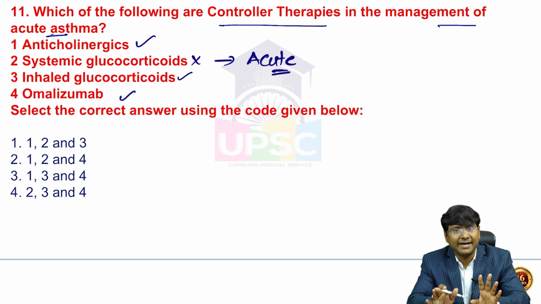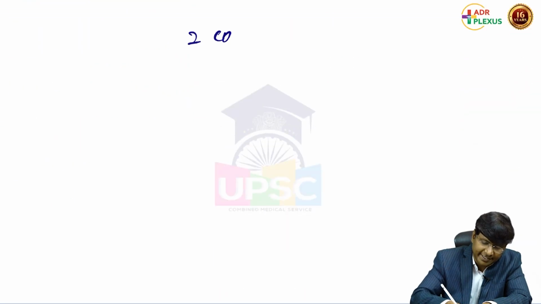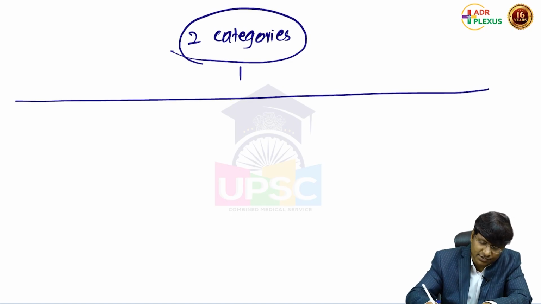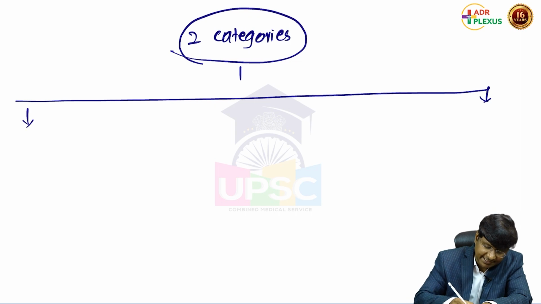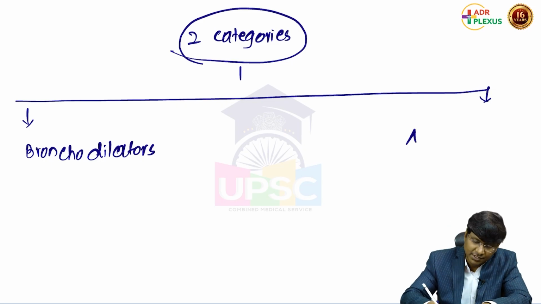If you take the entire management of bronchial asthma, we have two categories of drugs. What are these two categories? Number one, the bronchodilators. And the very important pathogenesis in bronchial asthma is inflammation, so anti-inflammatory drugs.